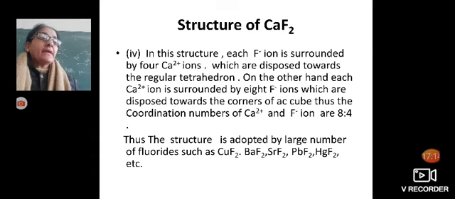On the other hand, each calcium ion is surrounded by 8 fluoride ions which are disposed toward the corners of the cube. Thus, the coordination numbers of calcium ions and fluoride ions are 8:4. This structure is adopted by a large number of fluorides such as CuF2, BaF2, SrF2, PbF2, HgF2, etc.